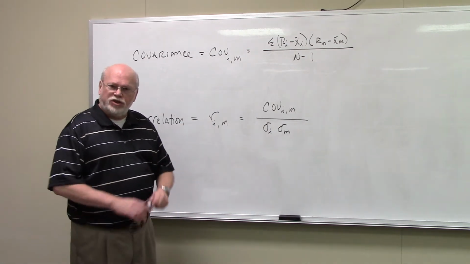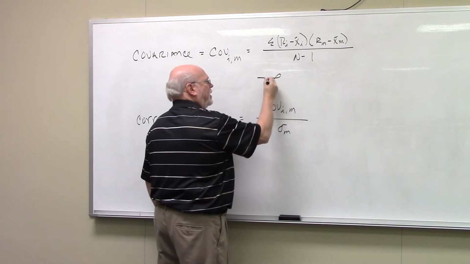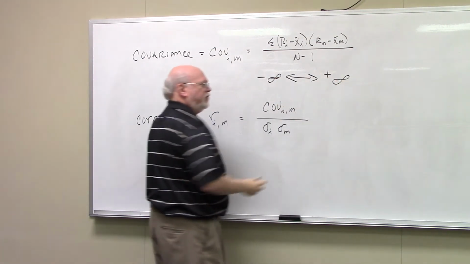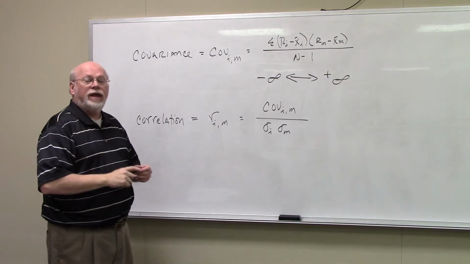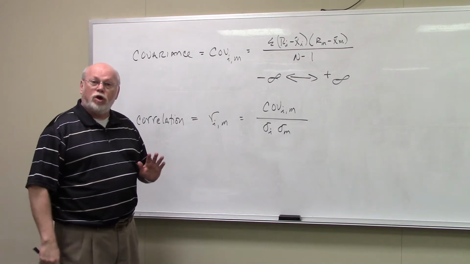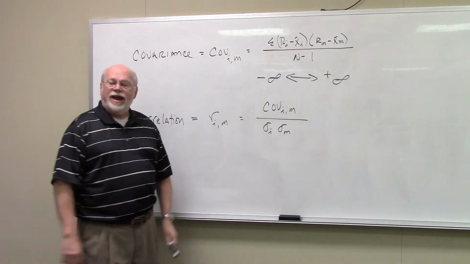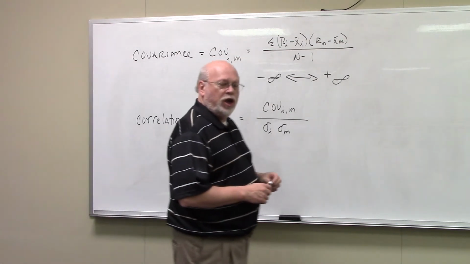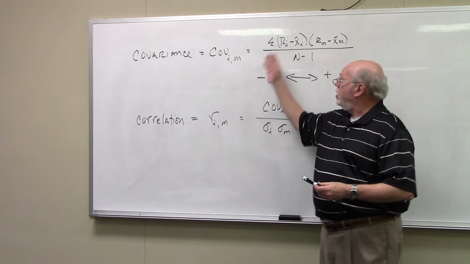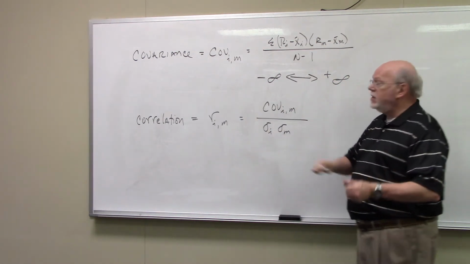Now, covariance can take on any value between negative infinity and positive infinity. As I said before, this is a wide range, but that's what covariance does. As you look at how you calculate covariance, note that you can have positive deviations and negative deviations for these two assets at each point in time.